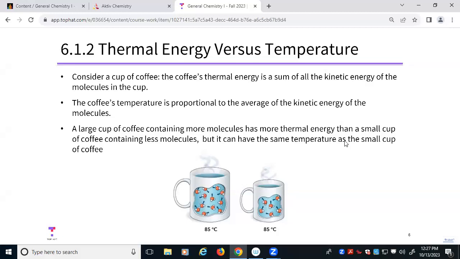And so as we're starting to evaluate the concept of heat and thermal energy, what we have to understand is that temperature is going to be a way to measure how heat is going to travel. It's going to allow us to predict when heat is going from one object to another and which direction that heat is going to flow.